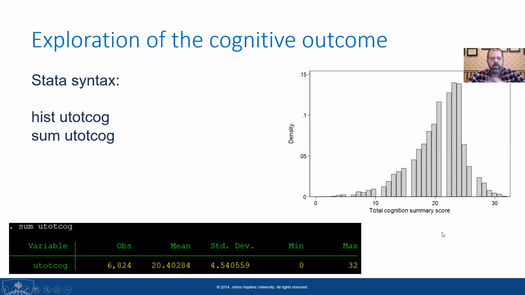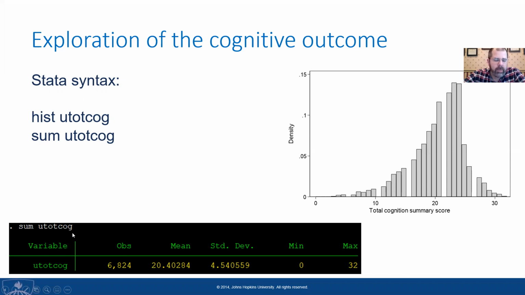So the first thing we would do is explore our cognitive outcome. I'm showing an exploration here by first generating a histogram of the score, where you can see it's a somewhat normally distributed continuous score that ranges from about 0 to, it looks like, 32.